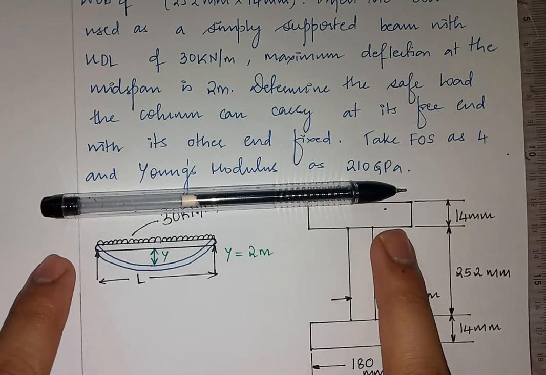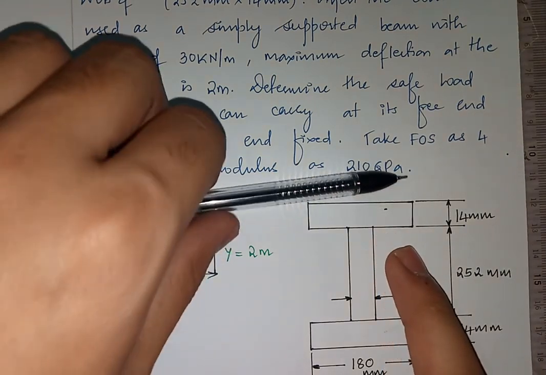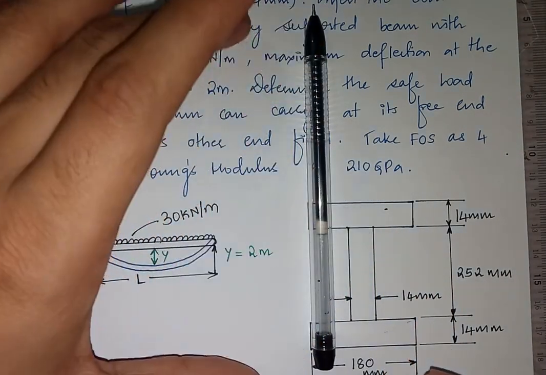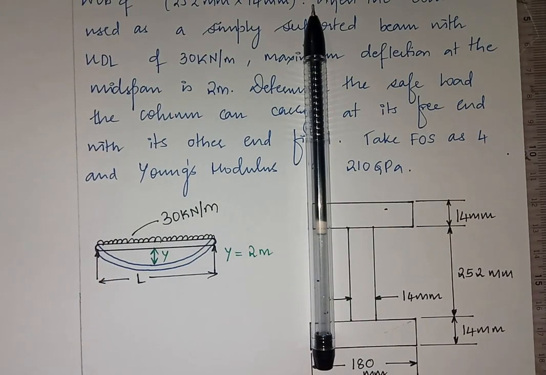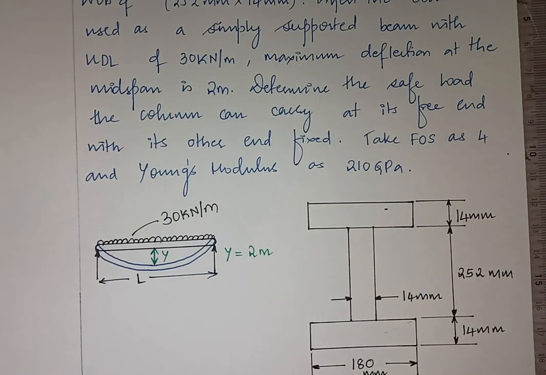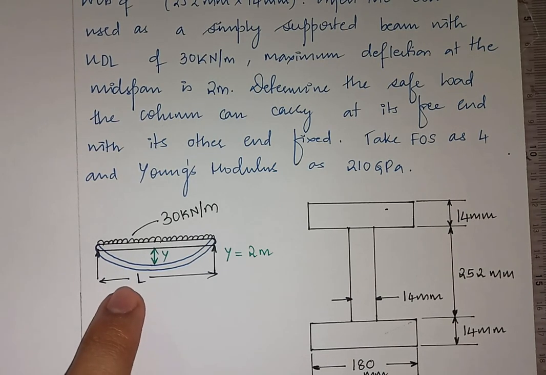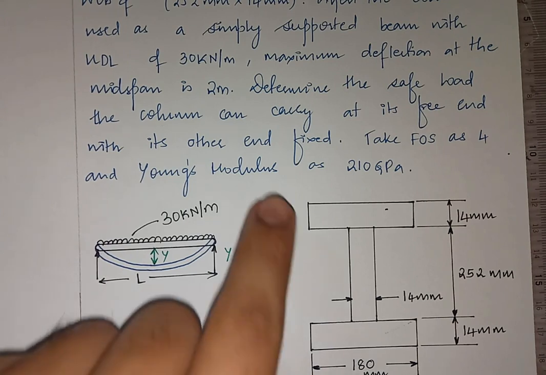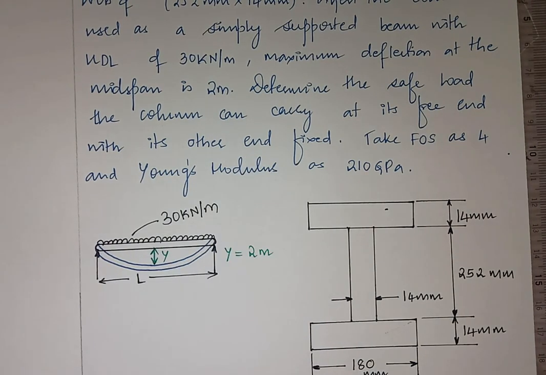If you find the length of the beam and then use it as a column, the length will remain the same. That is the logic here. He has not given the length directly. Instead he has connected it to a beam, and using the beam data I need to calculate the length of the column, then use the end condition, take the effective length, and calculate the safe load. That is the procedure I need to follow.